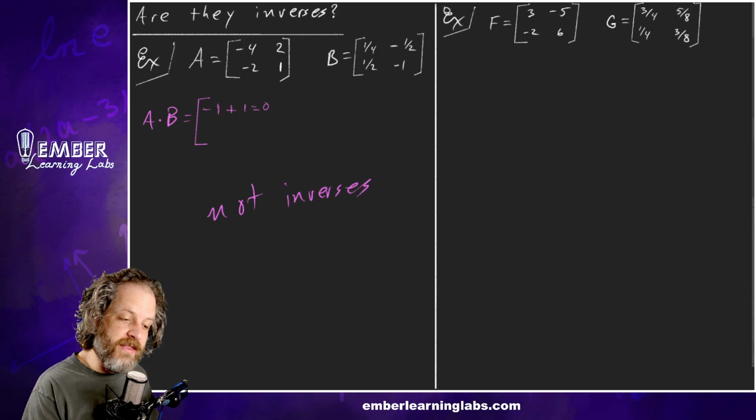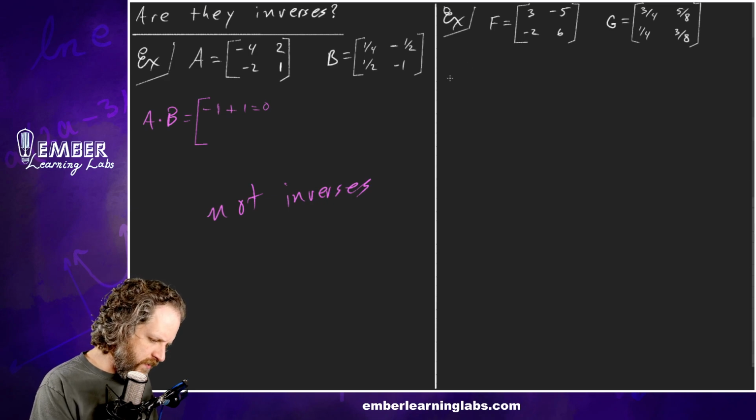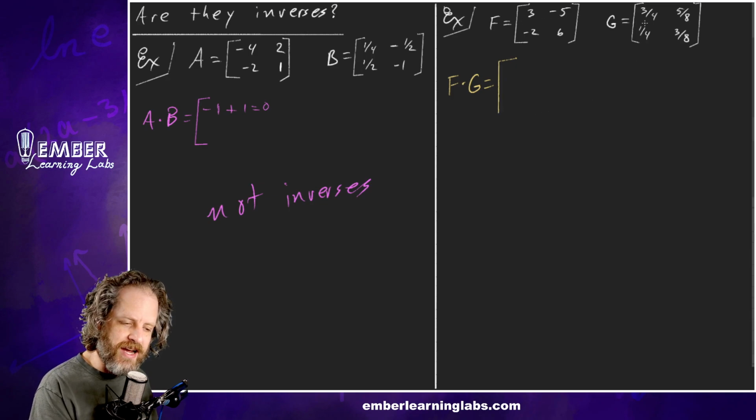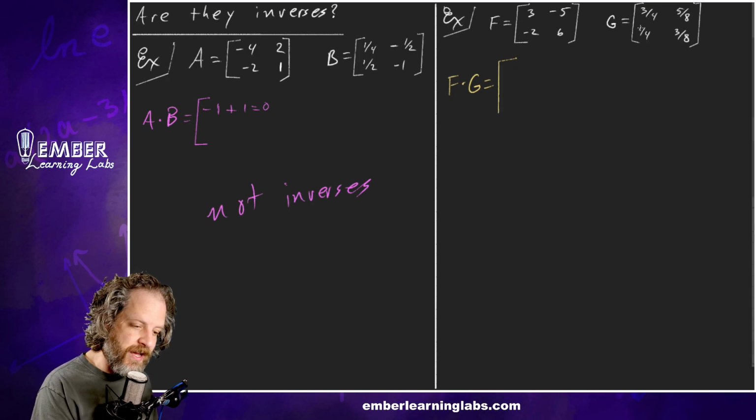Okay. So what about these two? Let's go through and multiply here. So F times G equals, 3 times 3/4, that's a little more complicated. That's 9/4, right?